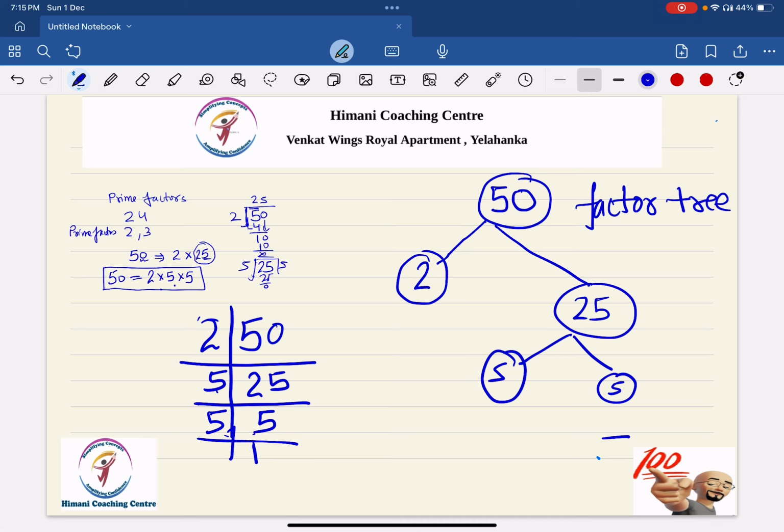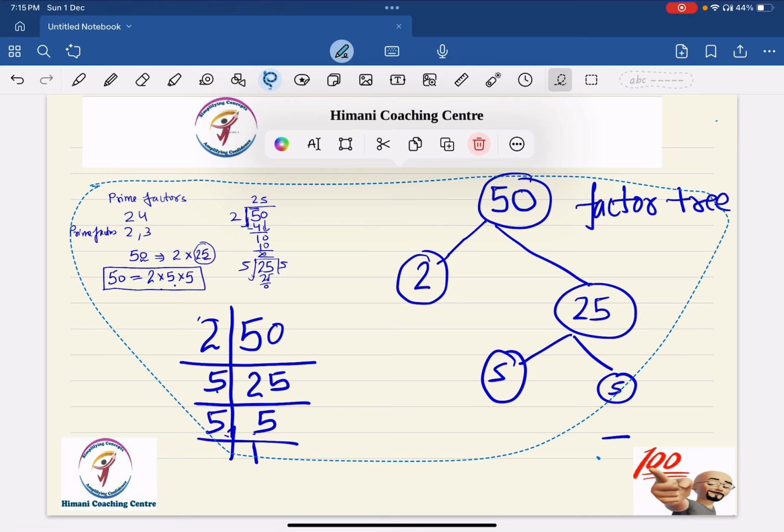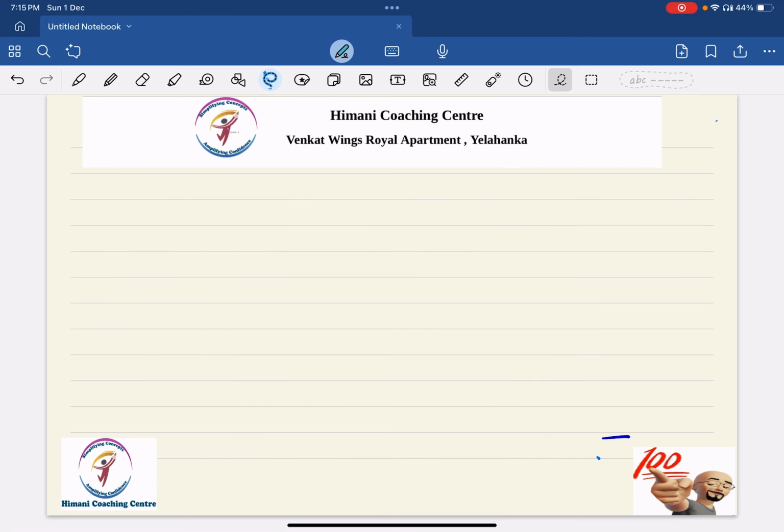Now let us look at a number, 96. Is 6 an even number?